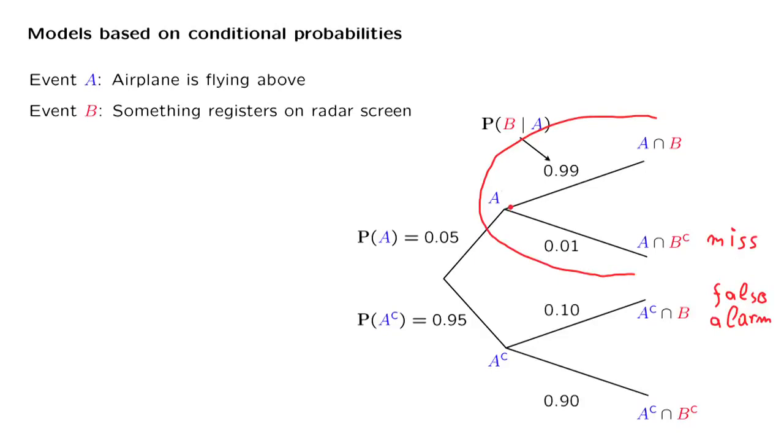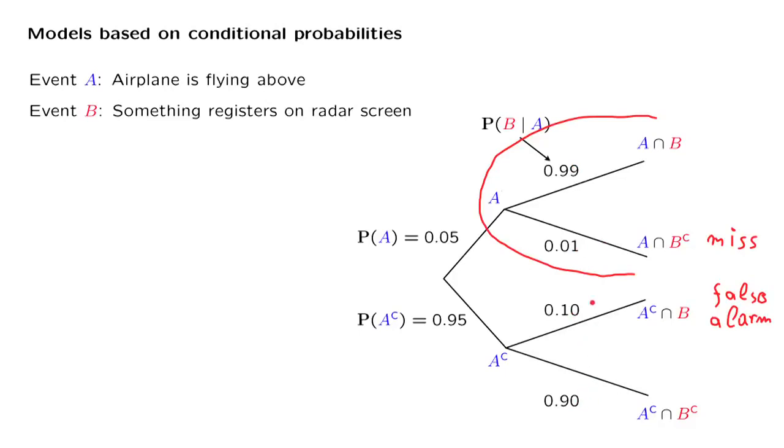We can assign similar probabilities under the other scenario. If there is no plane, there is a probability that there will be a false alarm, and there is a probability that the radar will not see anything. Those four numbers here are, in essence, the specs of our radar.